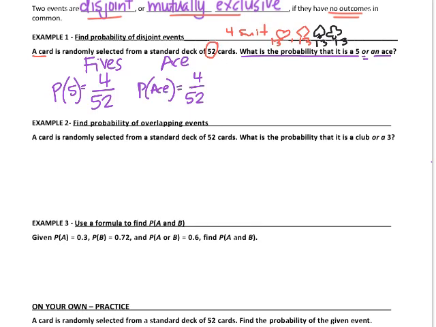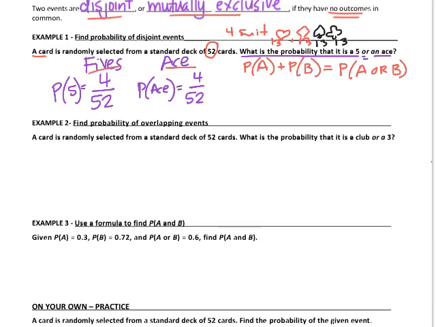Now, these don't have anything to do with each other, right? A 5 cannot be an ace, an ace cannot be a 5, so there's no overlap. So in this case, what I'd like you to do is take the probability of a certain event and the probability of another event and add them together, because that's going to be the probability of either one of them, a 5 or an ace, being drawn.